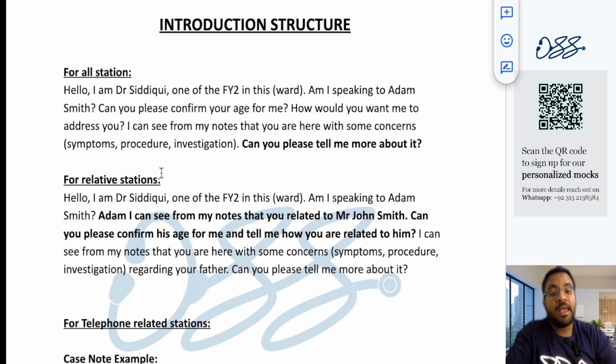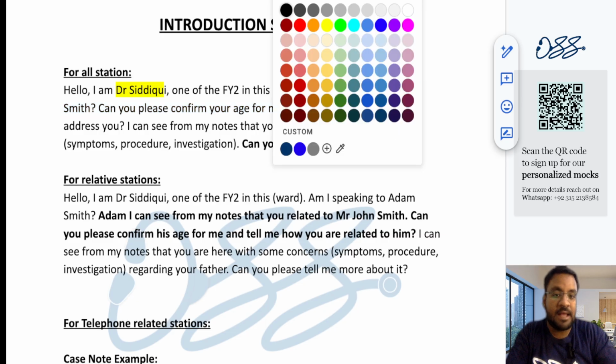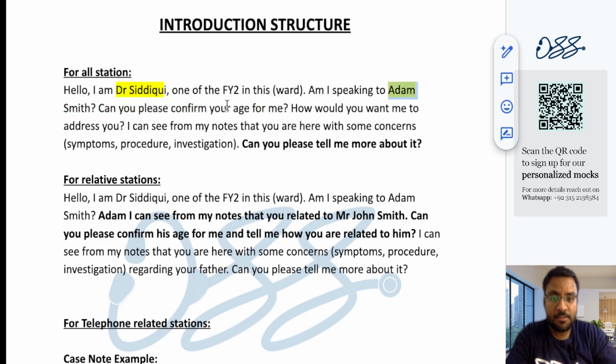Once I have confirmed the identity, I have introduced myself, number one, that I am Dr. Siddiqui, an FY2 in this ward. Then my next step is to confirm the identity, and I'll do it in two ways: asking the name of the patient and the age of the patient.